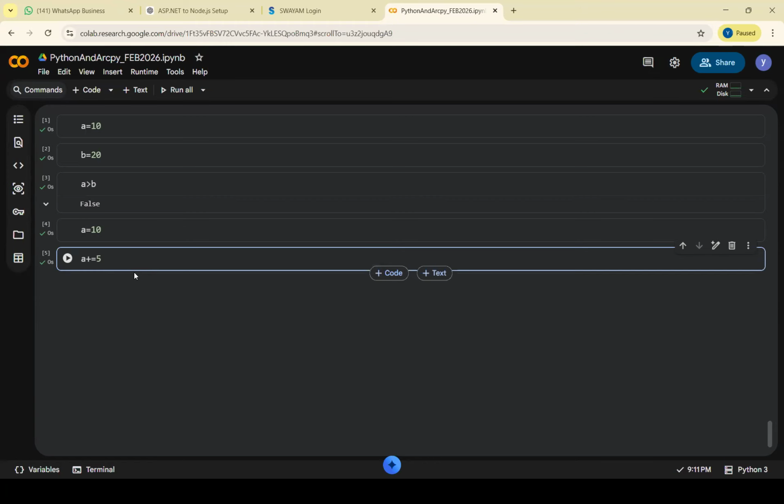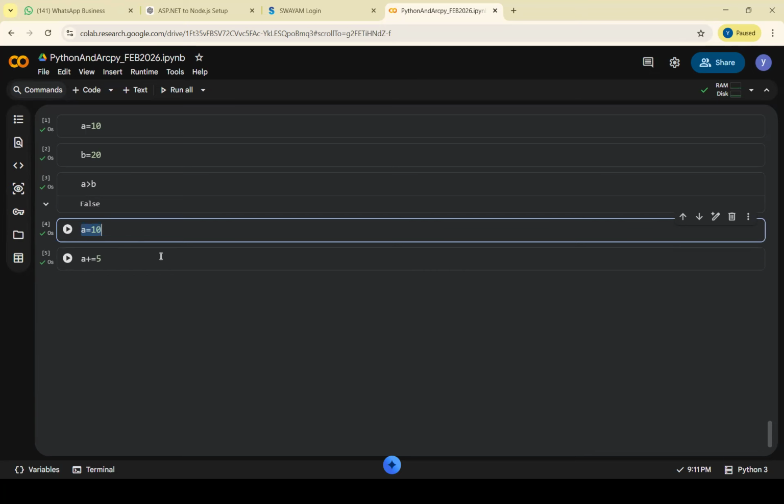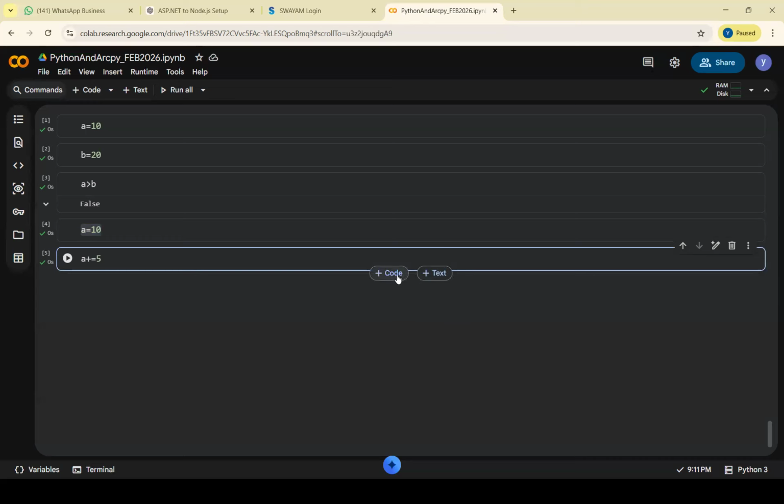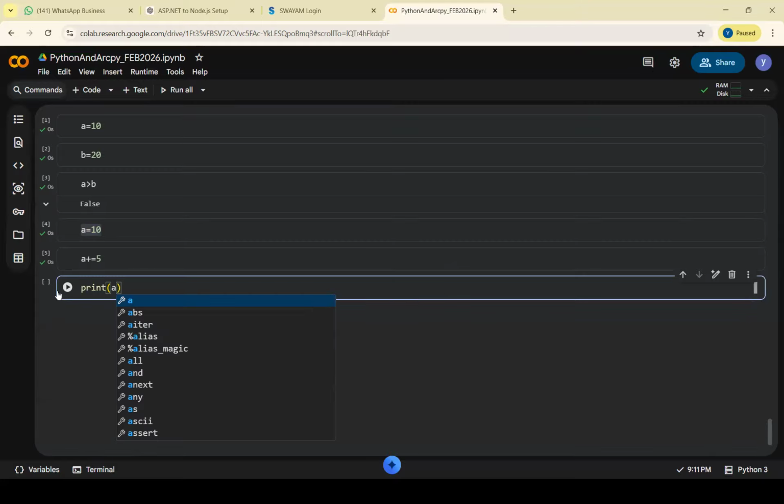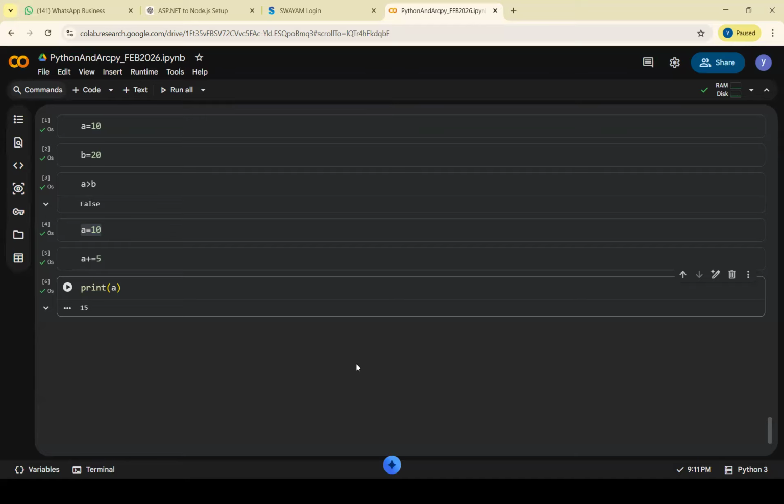As you know, the value of a is 10, and we have already run that statement. Now if I print the value of a, it gives me the value 15.